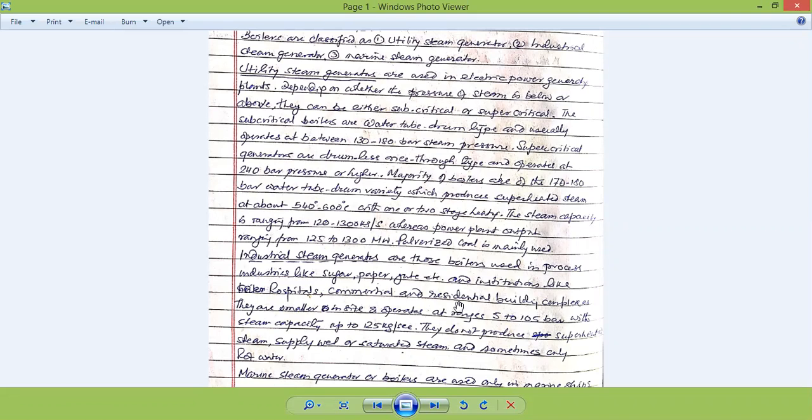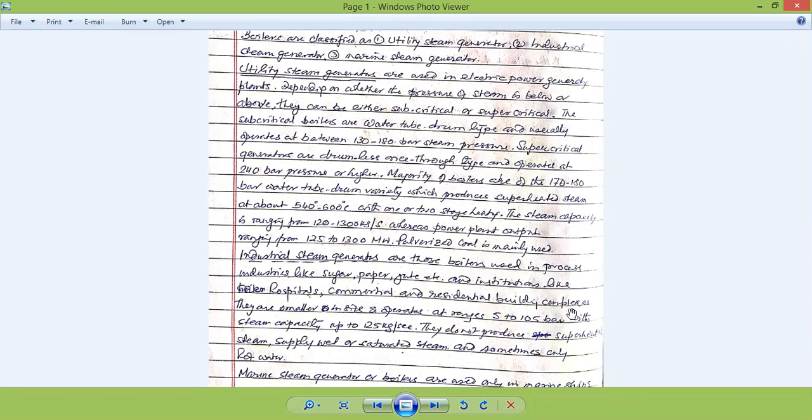It should be fast and free from moisture itself. The same is the case with sugar, jute, paper, etc. And commercial and residential buildings also have applications for this.